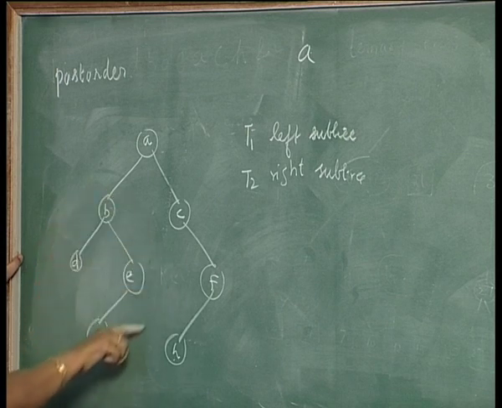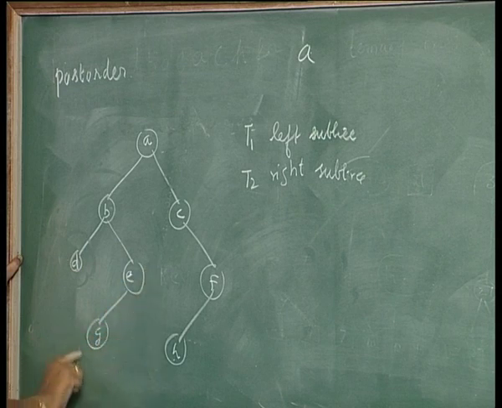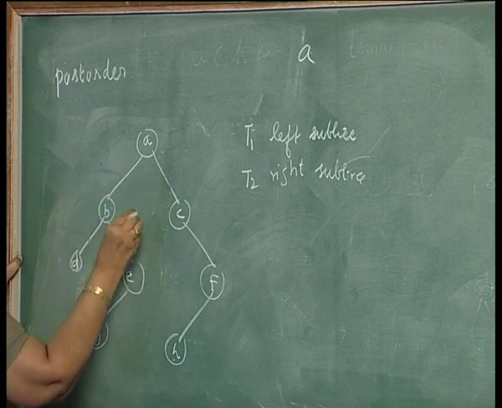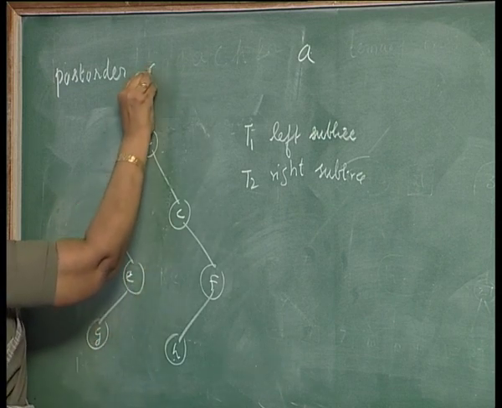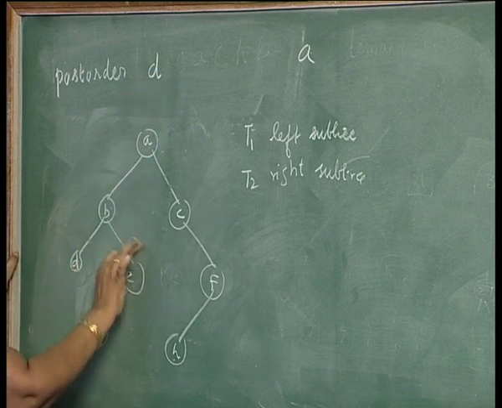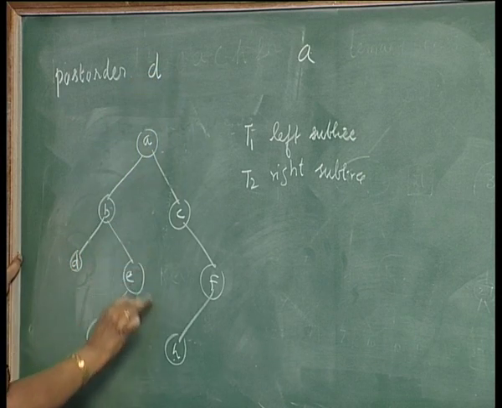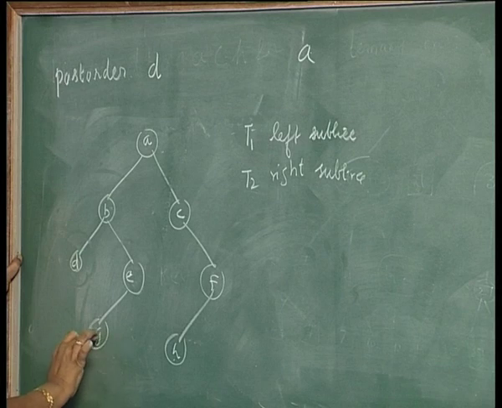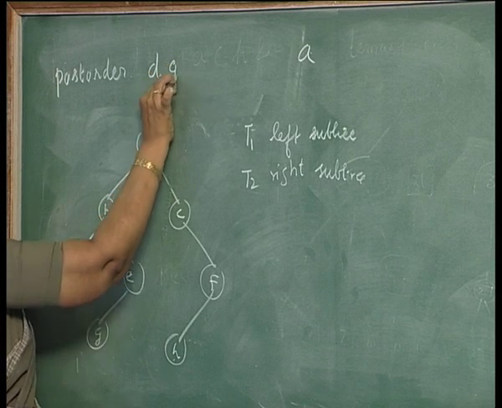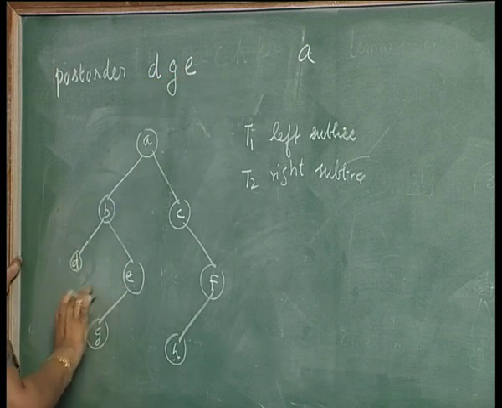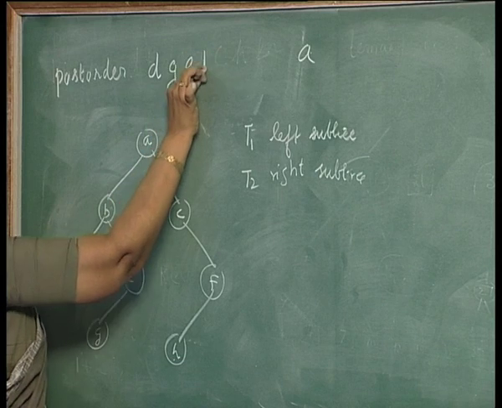The left subtree itself, first its left subtree, then the right subtree, then the root. So, D, then the right subtree, that again will be visited in the post-order method. So, G, if there is something here, then E, there is nothing here. So, it will be G and E, then B.